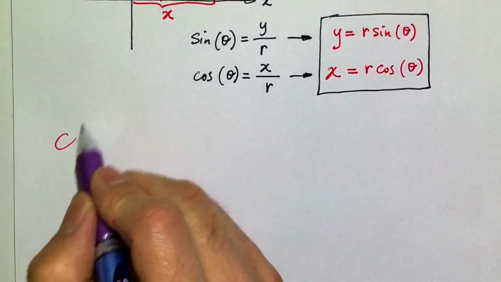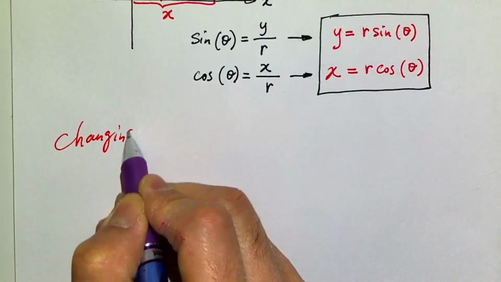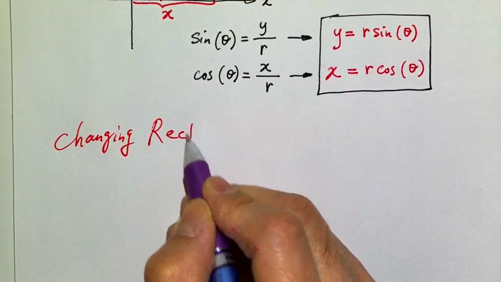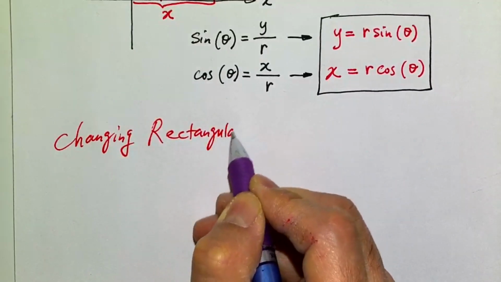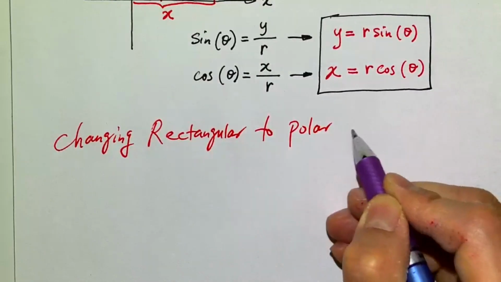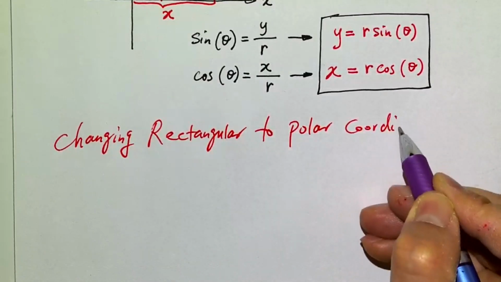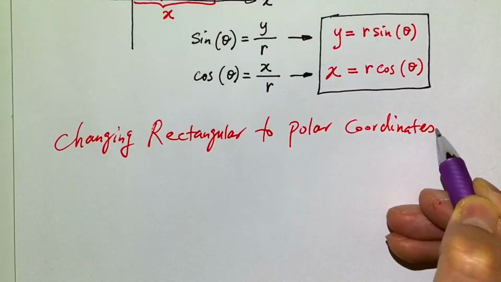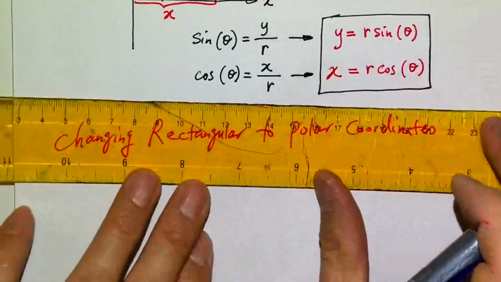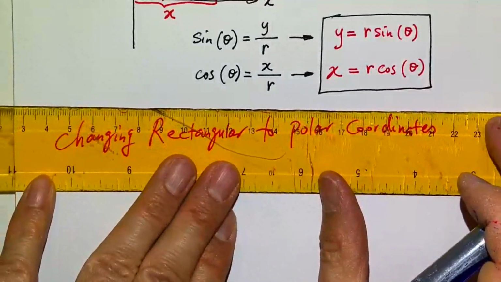So changing rectangular to polar coordinates. And I want to separate these two.